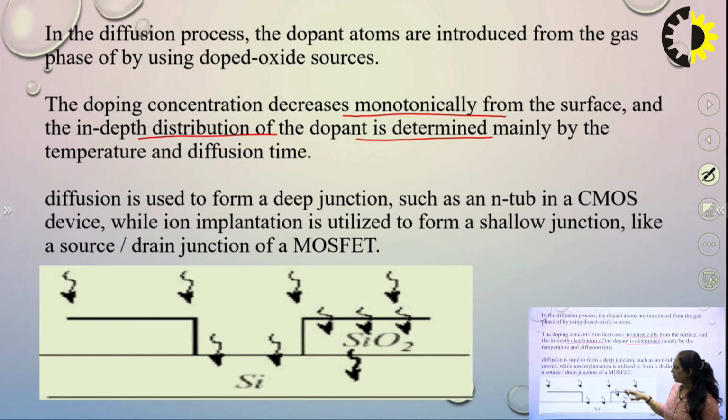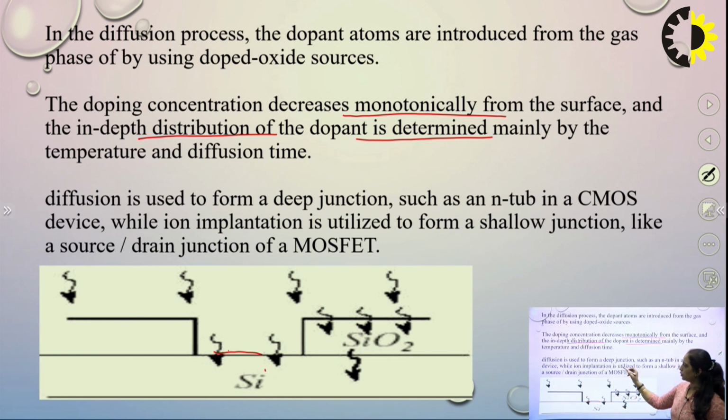So we know that this surface is in contact with the external dopant gases, right? Above this substrate surface, we have the maximum concentration. So when we diffuse the impurities, it will decrease from maximum to 0, right?